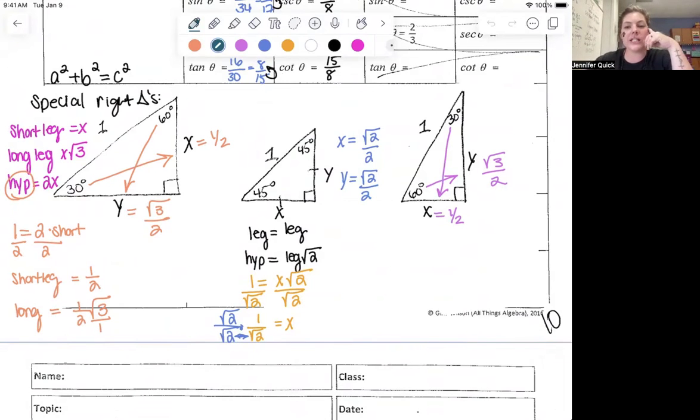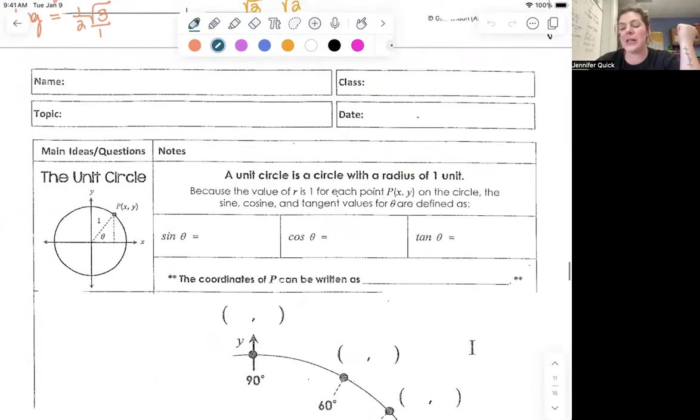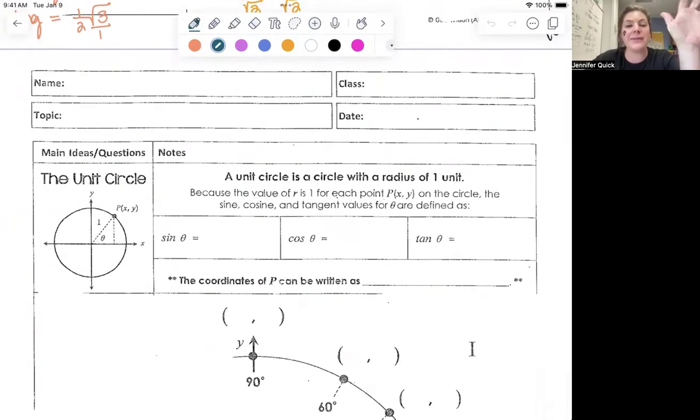Now we're going to apply this within what we call the unit circle. The unit circle is a circle on the XY coordinate grid that has a radius of 1.